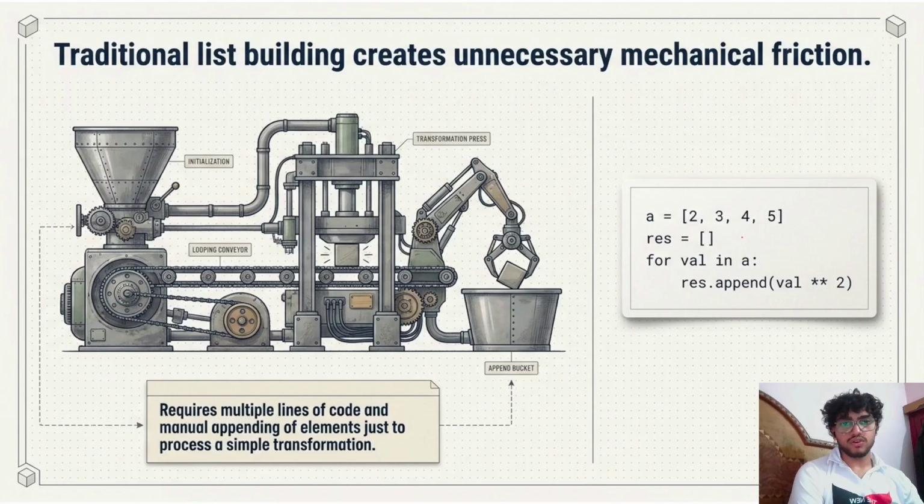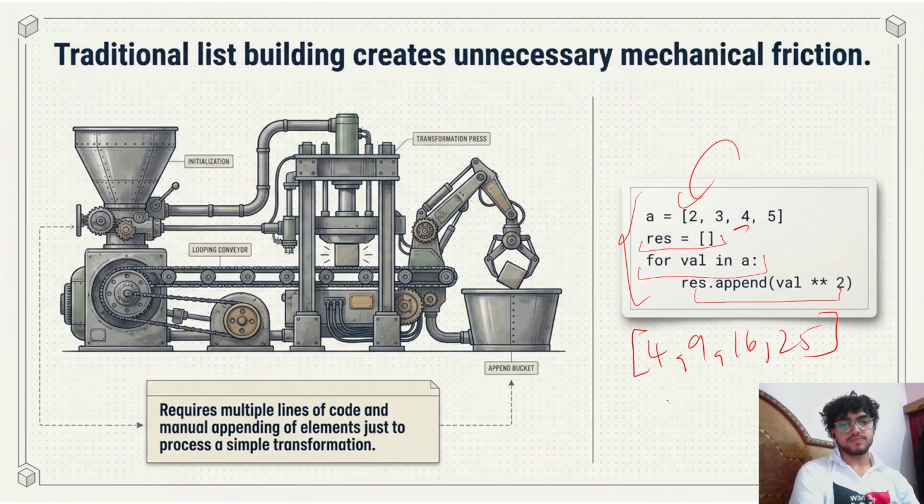Suppose you want to write this code right here. In a list A, you want the result in a different list. For every element, you have to take the exponent of 2, so the result should be 4, 9, 16, 25.